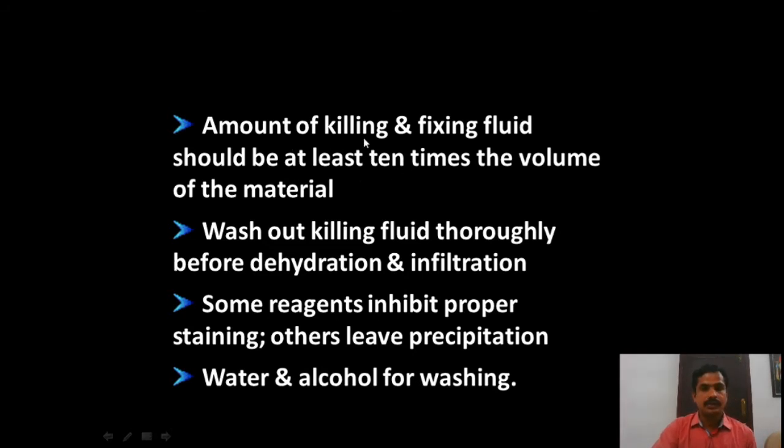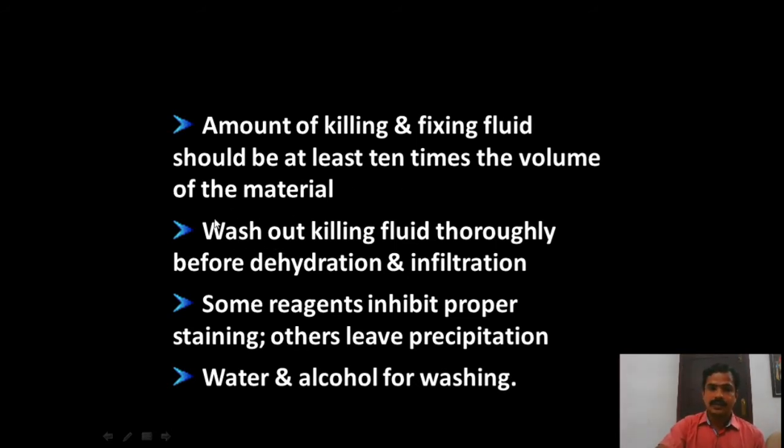For that, we should use at least 10 times the volume of killing and fixing fluid to the material, because while fixing, the water content of the specimens may reach the killing and fixing solution. That will dilute it, and that may affect the fixing and killing process of the specimen. So 10 times the volume of solution is used to avoid such an effect.